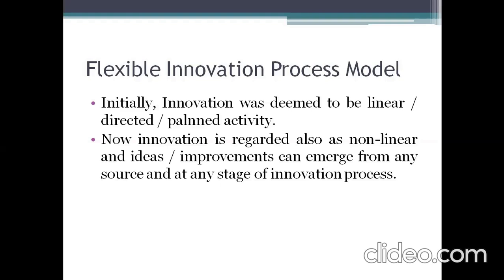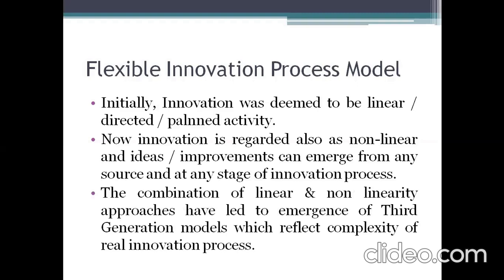So now innovation is regarded as non-linear ideas or improvements that can emerge from any source at any stage of the innovation process. This combination of linear and non-linear approaches has led to the emergence of the third generation model, which reflects the complexity of real innovation processes.